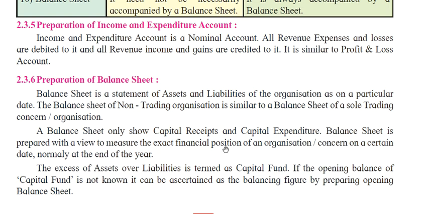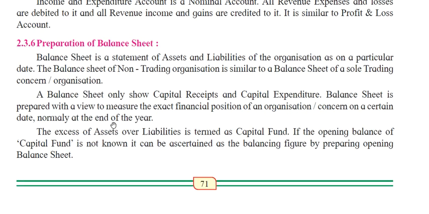The excess of assets over liabilities is known as the capital fund. If the opening balance of the capital fund is not known, it can be ascertained as the balancing figure by preparing an opening balance sheet.